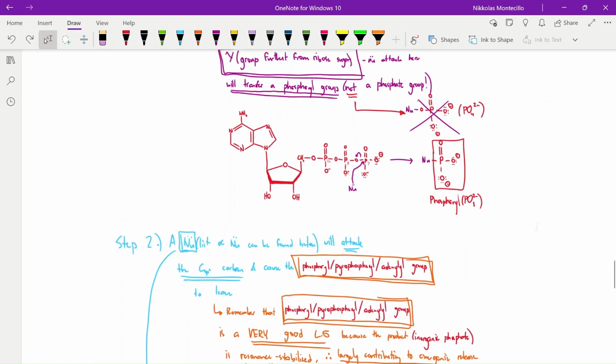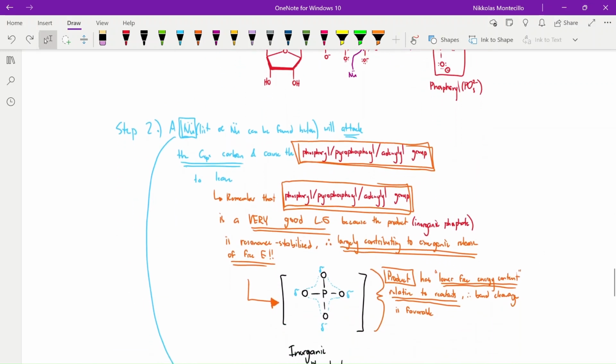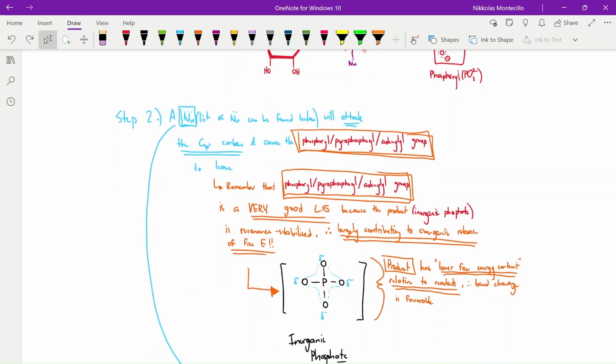Now, step 2. A nucleophile, a list of which can be shown below, will attack the C-sp2 carbon and cause the pyrophosphoryl or adenylyl group to leave. Now remember that the phosphoryl, pyrophosphoryl, or adenylyl group is a very good leaving group because the product, the inorganic phosphate, is resonance stabilized and largely contributes to the exergonic release of free energy.